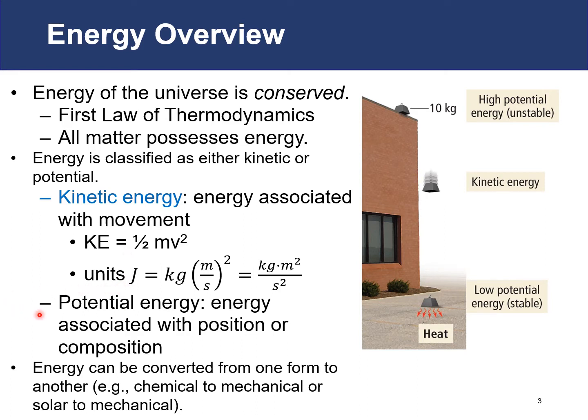Potential energy is energy that is associated with position or composition. In physics, you would have learned that by taking an object and moving it up to a particular height, you are introducing potential energy. So if we had an example of a 10 kilogram weight at the top of a building, it has high potential energy. If we give it a little push, that energy gets converted from potential energy into kinetic energy.